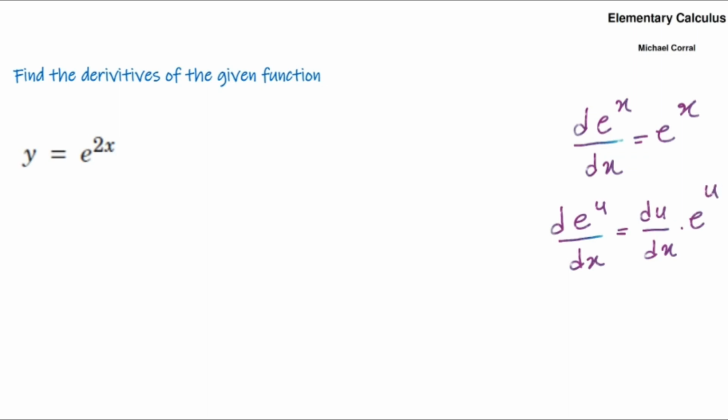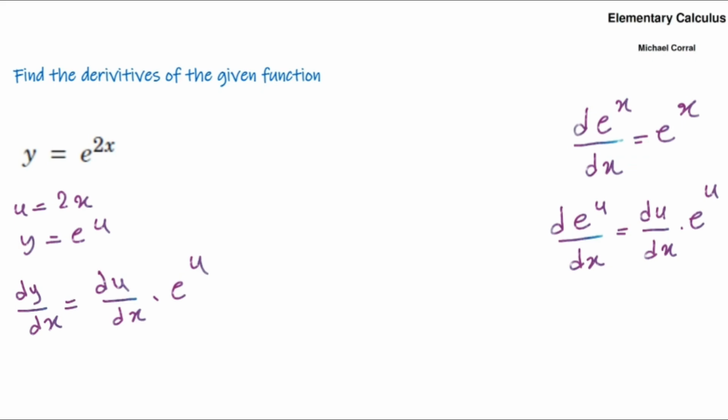For this function, u equals 2x and y equals e to the power of u, and the derivative of y equals the derivative of u times e to the power of u.